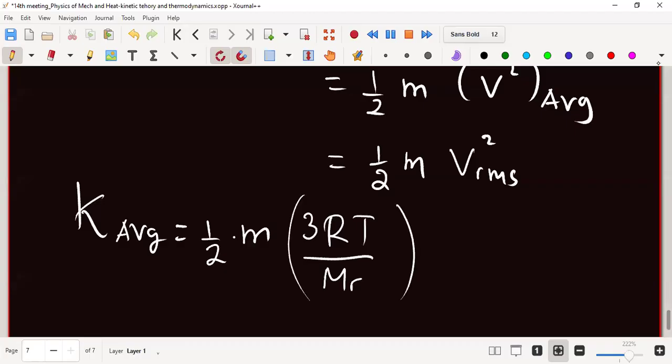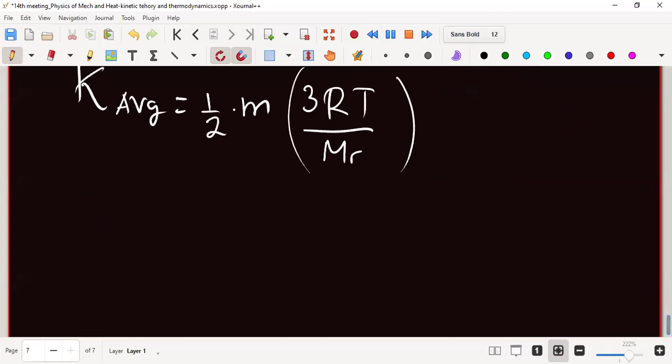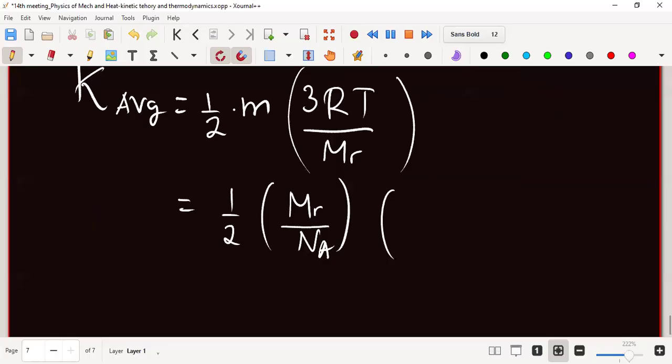So the kinetic energy is, because the mass of the molecule is molar mass divided by Avogadro number, this one is 3RT divided by molar mass.